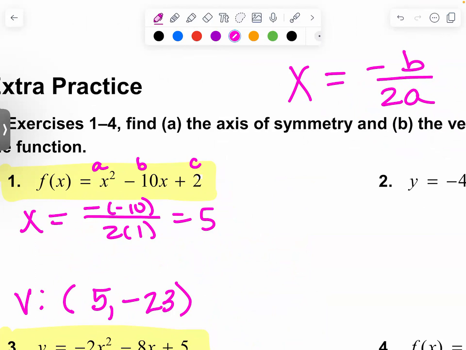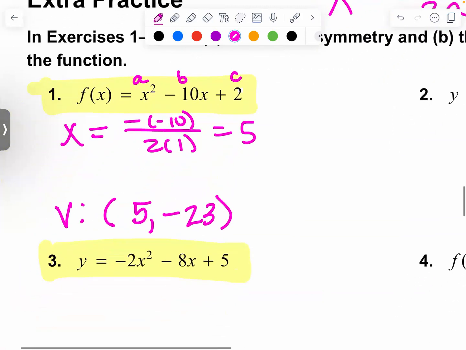Nothing with the c. You don't need the c until you plug it back in. Do you see how it's negative b? b is negative 10, so I have negative b. That's the formula.